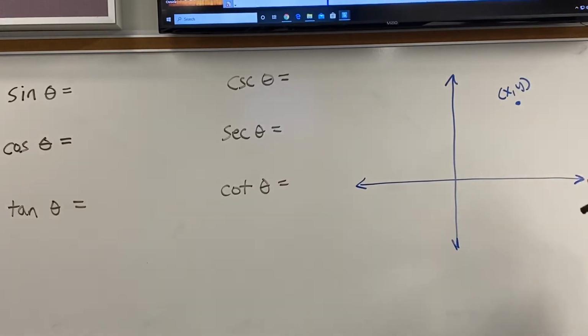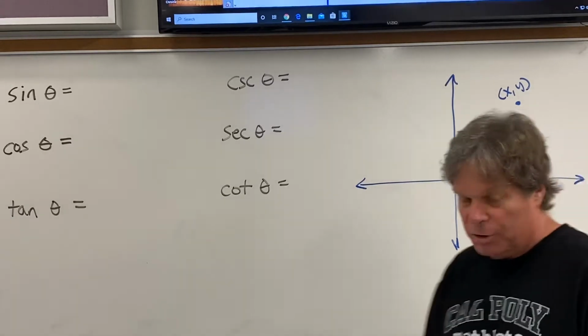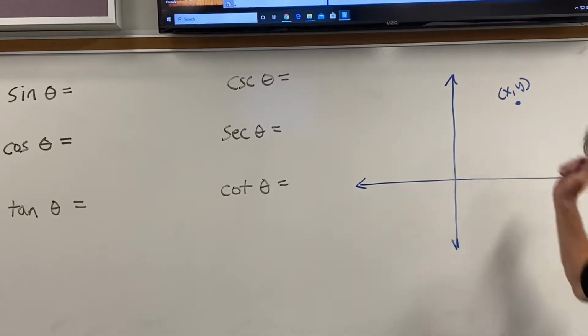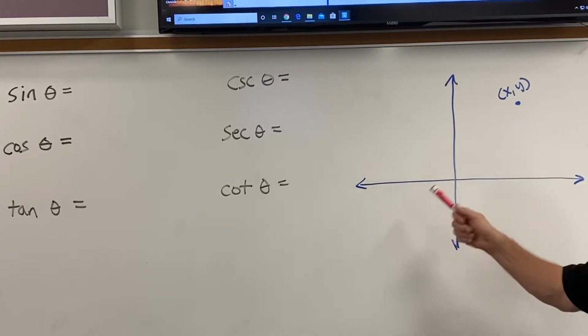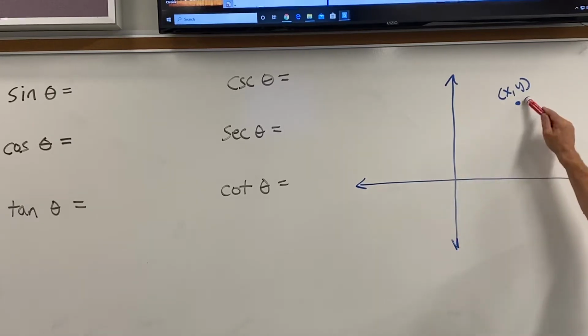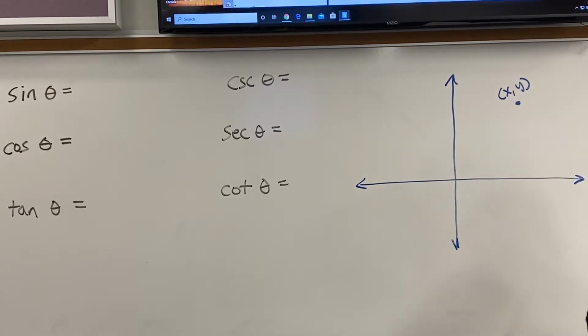Okay, I'm going to set this up and then show you where all these trig functions come from. First of all, I'm starting off with an x and y axis, right here. And I'm picking a point in the plane, just x, y. X is the x coordinate, y is the y coordinate, just a generic point, okay?